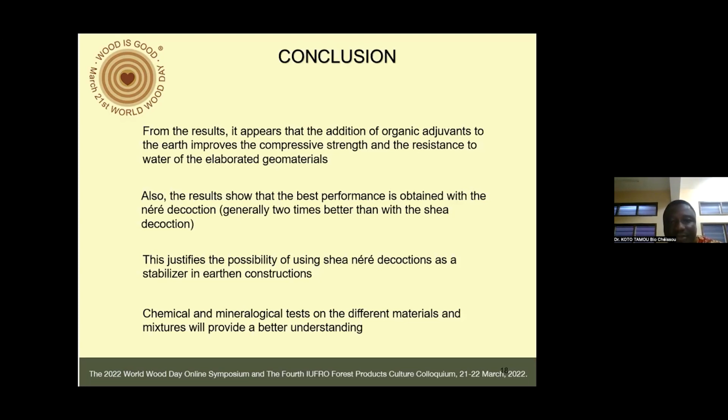Also, the results show that the best performance is obtained with the Nere decoction. This work justifies the possibility of using Shea and Nere decoction as a stabilizer in IF construction. Chemical and mineralogical tests on the different materials and mixtures will provide a better understanding.